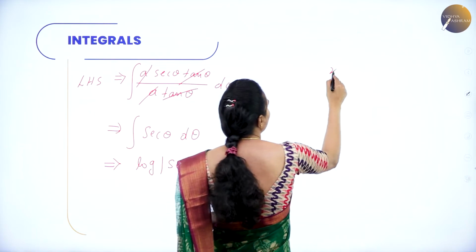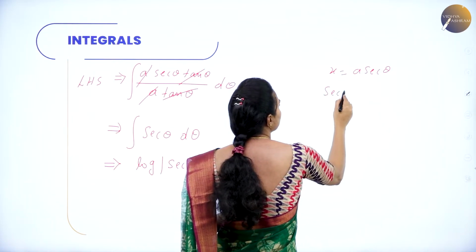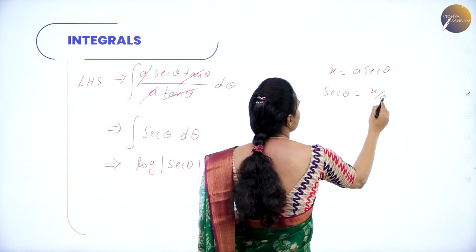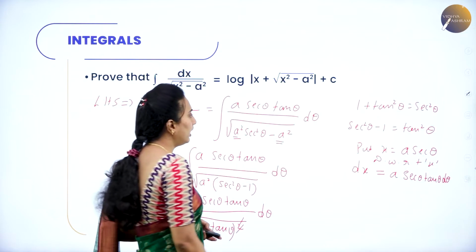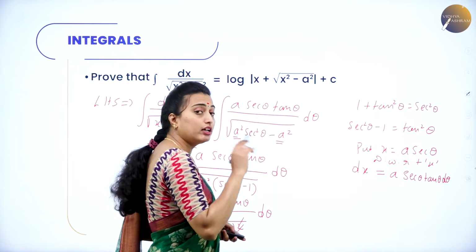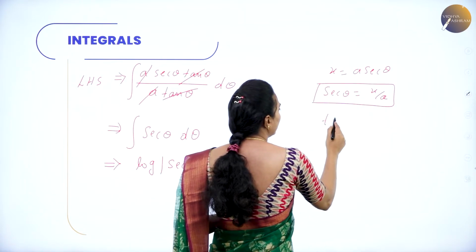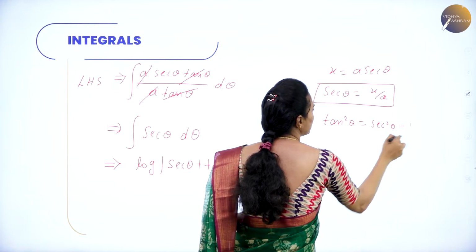Now you have taken x is equal to a secant theta. Now secant theta can be substituted as x by a, isn't it? Now what happens to the tan theta? See, tan squared theta is secant squared theta minus 1.